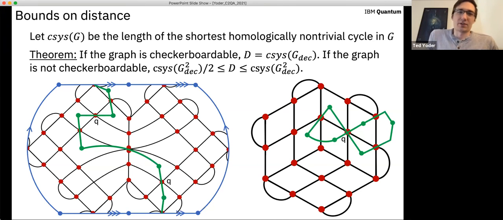But if the graph is not checkerboardable, then you should look at the systole of the doubled graph, and there are some bounds in this case. We would like to figure out how to calculate the distance exactly, but that is still an open question.